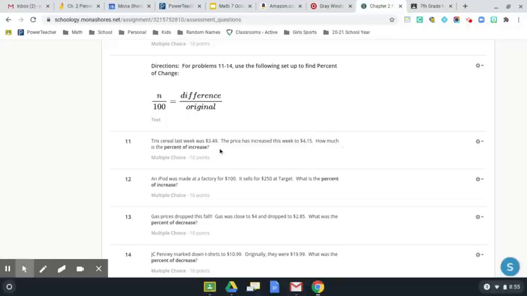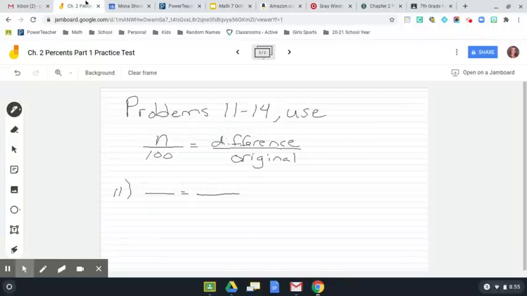So the cost of the cereal is going up. It's increasing. There's a percent of increase occurring. So that means here we need to find that percent of increase. We don't know the percent out of 100. That's what we're solving for. Now here is the difference in cost, so we need to subtract the $4.15 minus the $3.49.